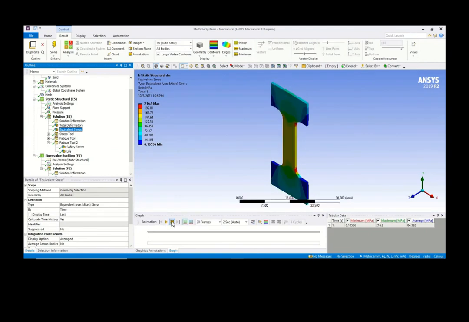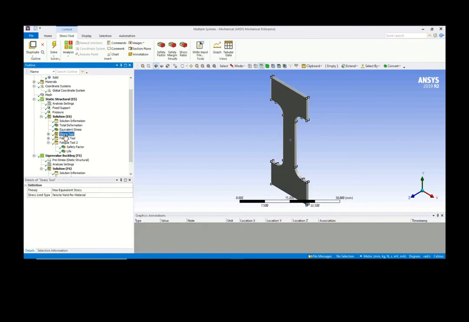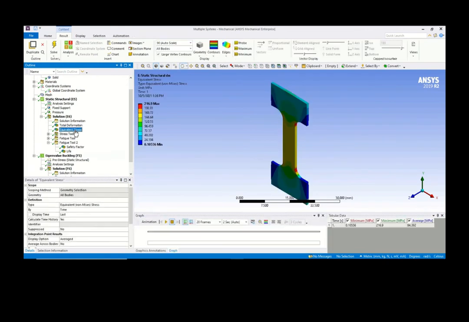This is the equivalent stress, sigma prime. If you are using the DE theory, the maximum equivalent stress theory, and compare this stress with the yield strength of this structural steel, we actually know whether this component, or this dog-bone specimen, will undergo static failure or not.